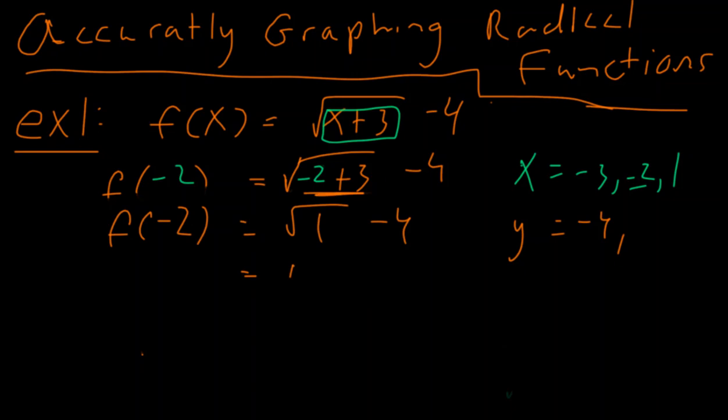I know the square root of 1 is 1, minus 4. Guys, we're just doing simple arithmetic here. And 1 minus 4 is negative 3, so my next y value is negative 3. Pause the video, finish taking your notes, and let's try out our last input.